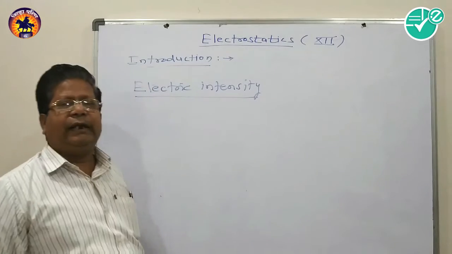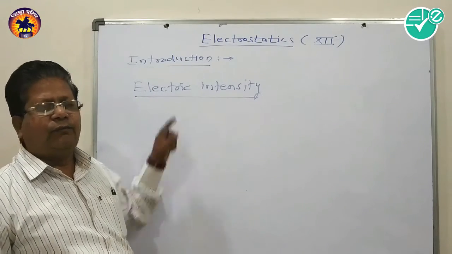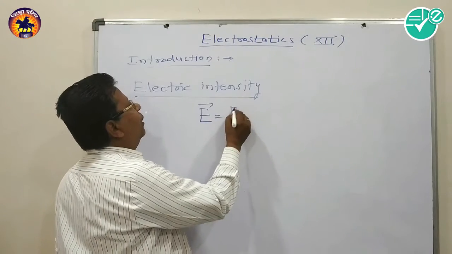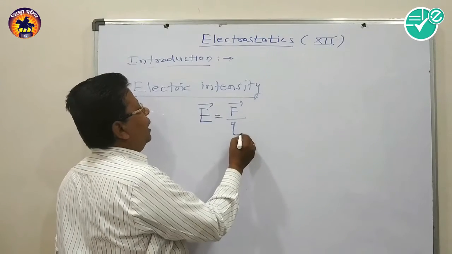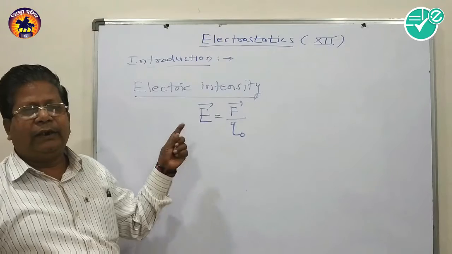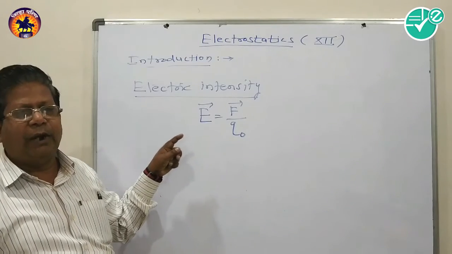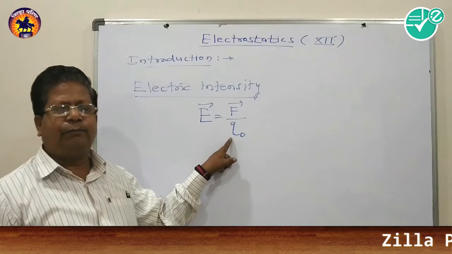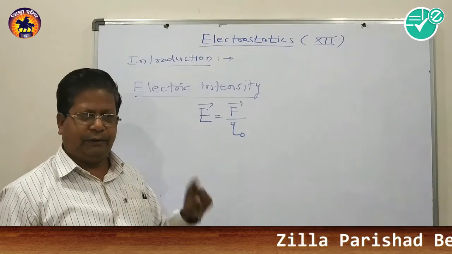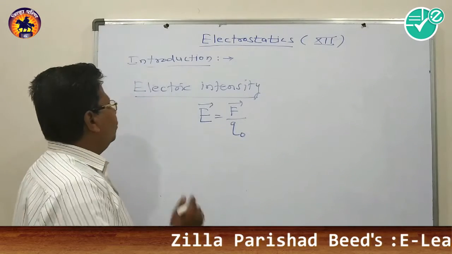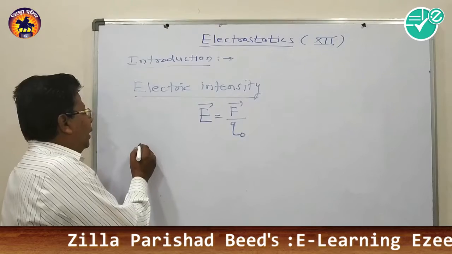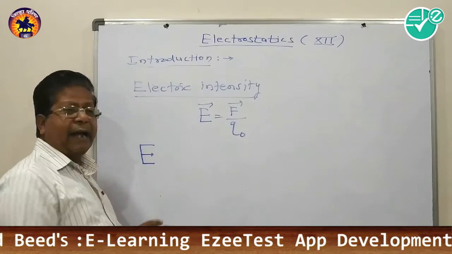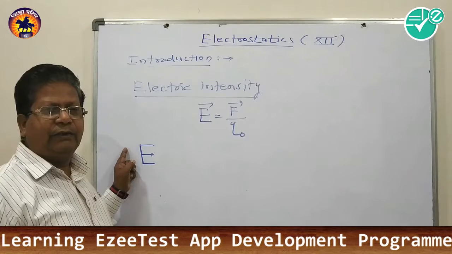This electric intensity is defined as the force acting on unit positive charge. So electric intensity is nothing but the force acting on a unit positive charge placed at that point.